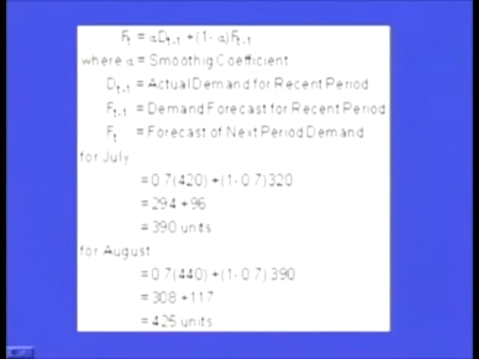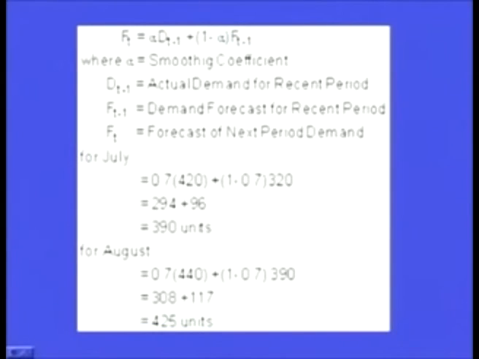We can see the difference between the two. But if we would have used the exponential smoothing method for generating the forecast for the month of July, our forecast would have been 390 units. So, we can very easily distinguish between the accuracy of the two methods. Simple average gives us 320.